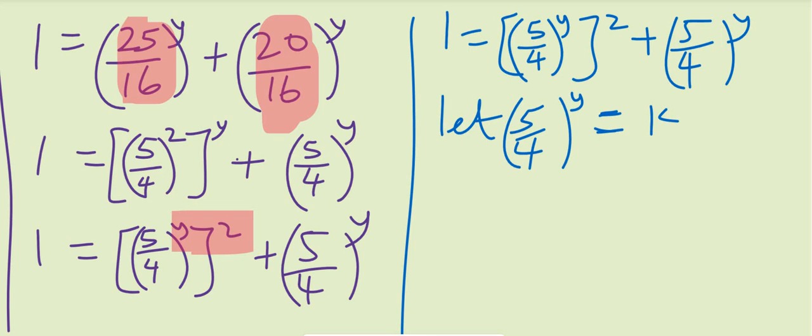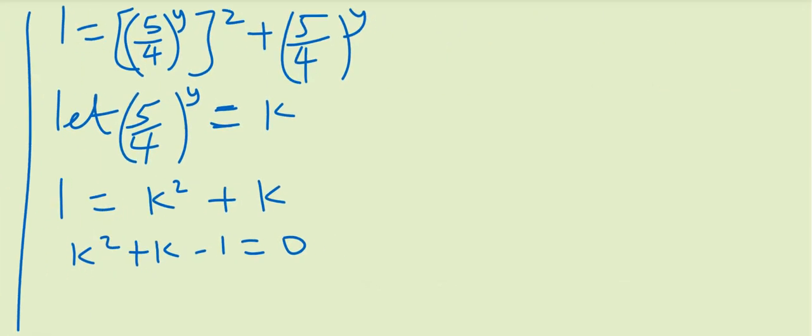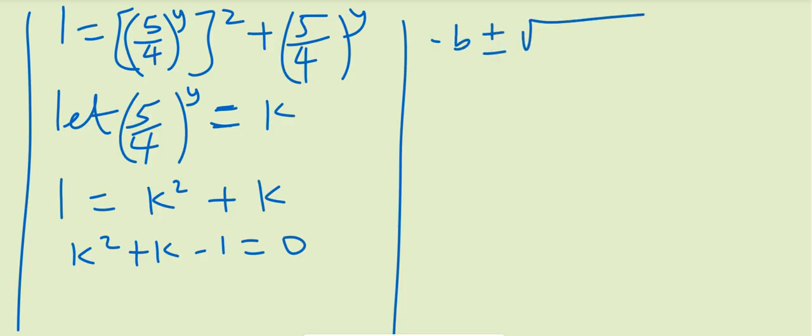So I have 1 equals k squared plus k, so k squared plus k minus 1 equals 0. I've arrived at a quadratic equation, where I'm going to use the quadratic formula: minus b plus or minus square root of b squared minus 4ac, divided by 2a. This is the formula I'm using.